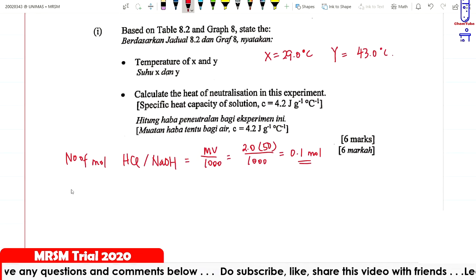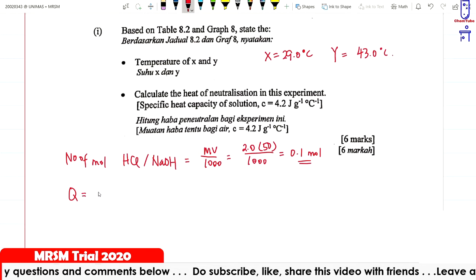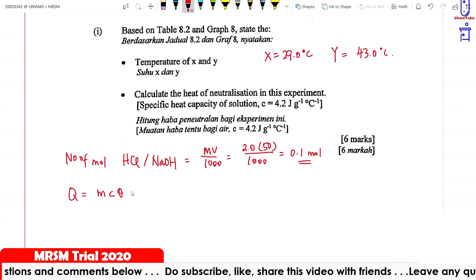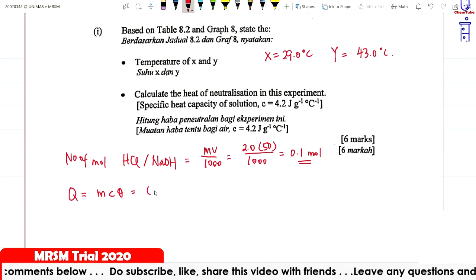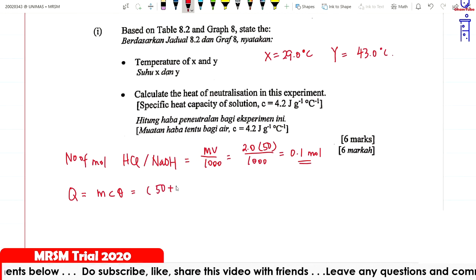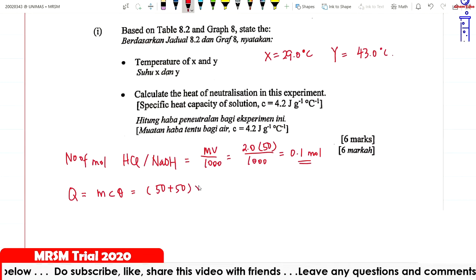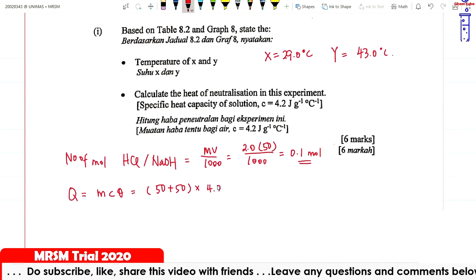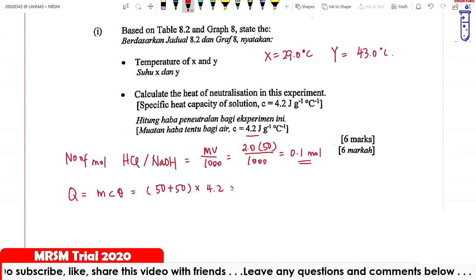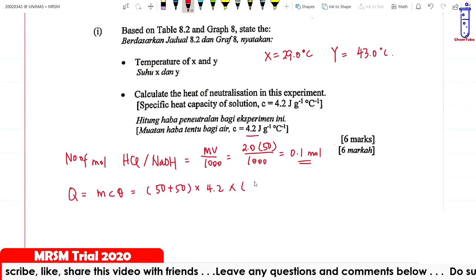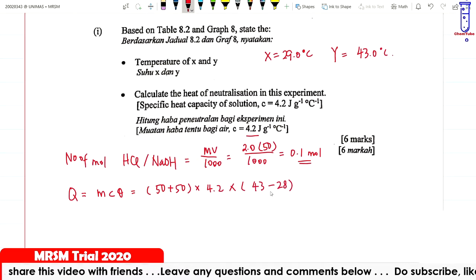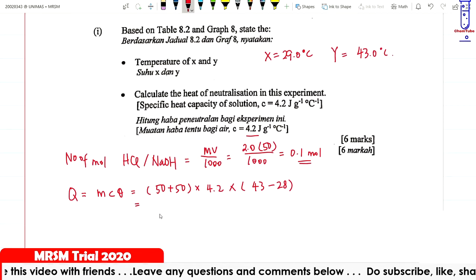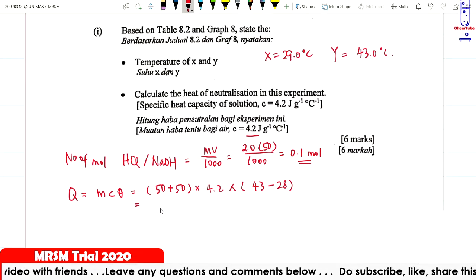Then after that we can calculate Q equals mc theta. M is the mass of the solution, both solutions, so it will be 50 plus 50, times C is 4.2 here, times theta. Theta is 43 minus 28.